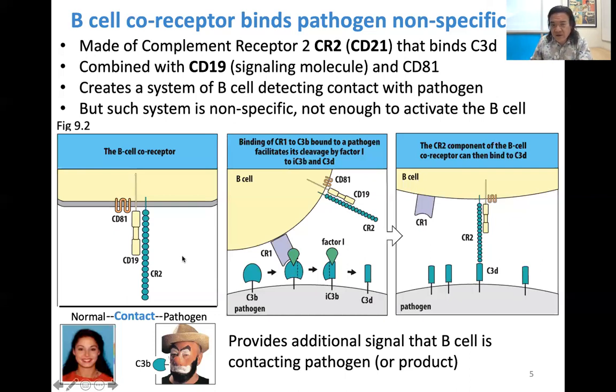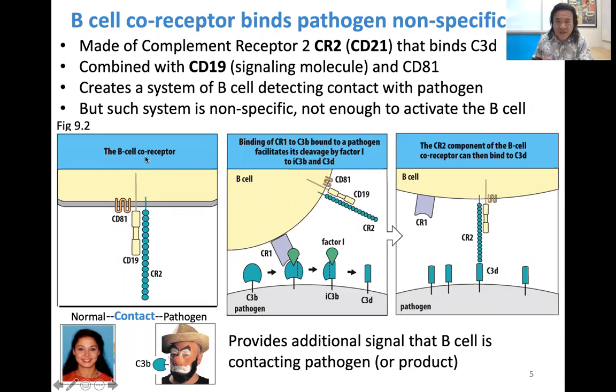That involves other generic receptors on its surface, like complement receptor 2. Complement receptor 2, as the name implies, is a receptor on the surface of a B cell that can help detect complement proteins on the surface of some other cell. This CR2, represented in this blue chain here, is bundled up with a couple of other proteins, CD81 and CD19, and together they make a functional B cell co-receptor.